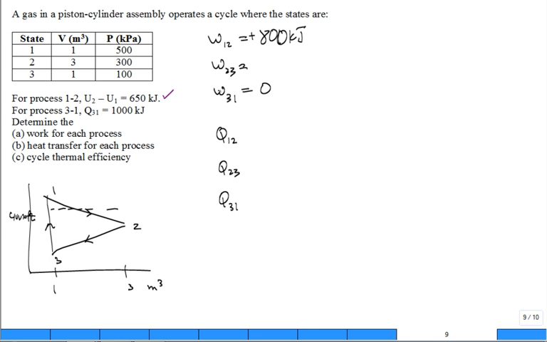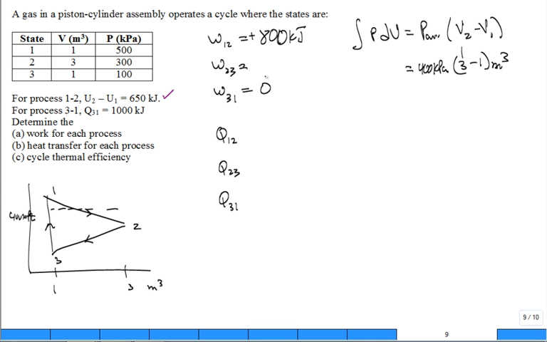It's the integral PdV, which is the average pressure times the volume change, V2 minus V1. This was 3 minus 1 meter cubed. The average pressure was 400 kilopascal. So 400 times 3 minus 2, which is 2, 800 kilojoules.